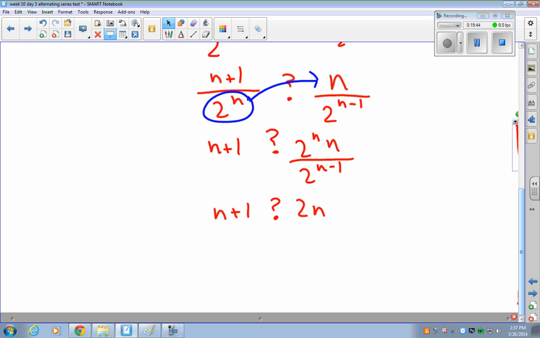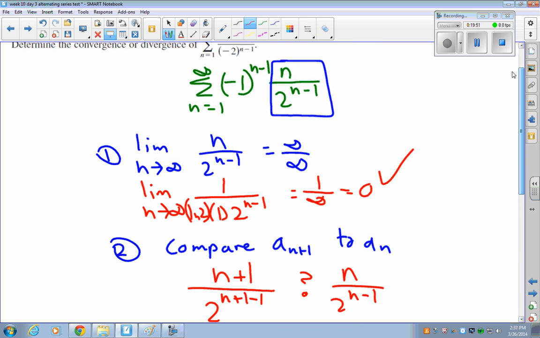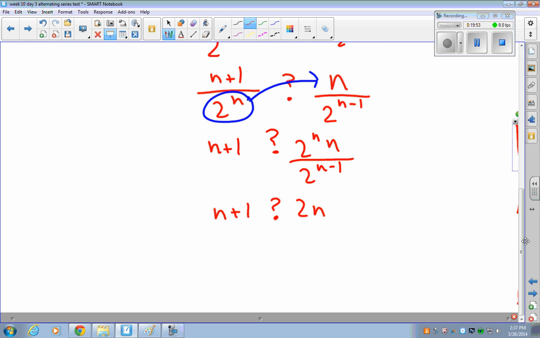Okay, let's see. Where did it start at? n equals 1. So when n equals 1, I get 2 and 2. When n equals 2, I get 3 and 4. n equals 3, I get 4 and 6. Who's bigger?